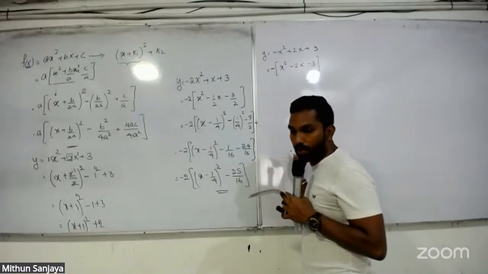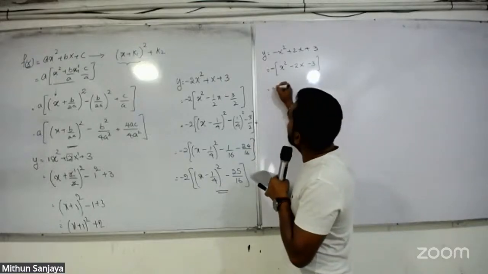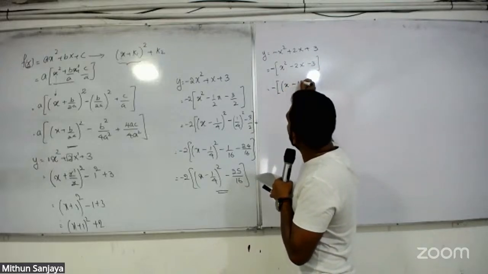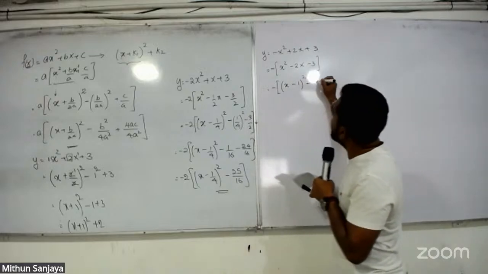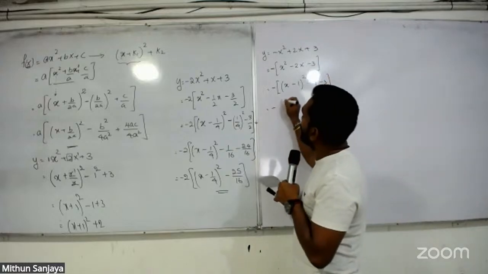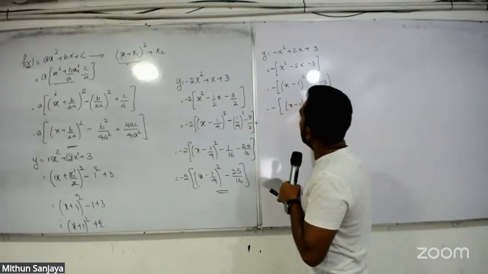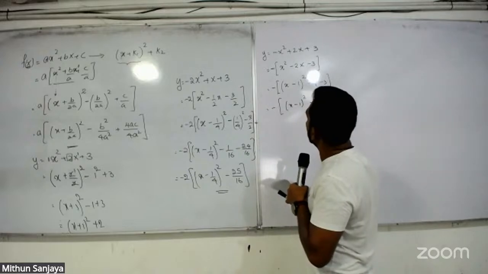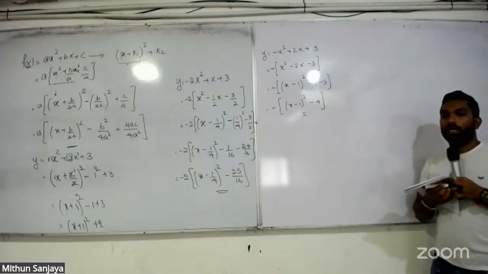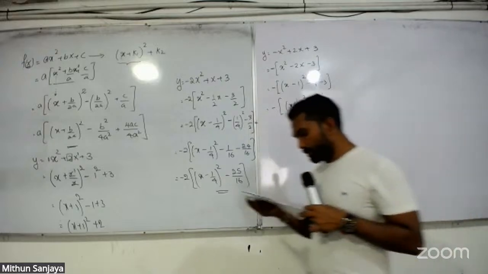Then minus of the bracket, x, and 2 over 2 is 1 directly, so minus 1 squared, minus 3. Here we have minus of x minus 1. Now this example is given to you.